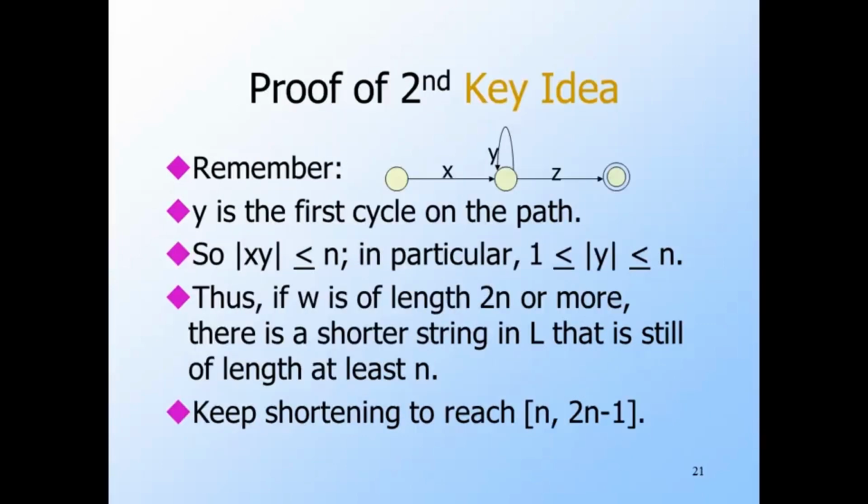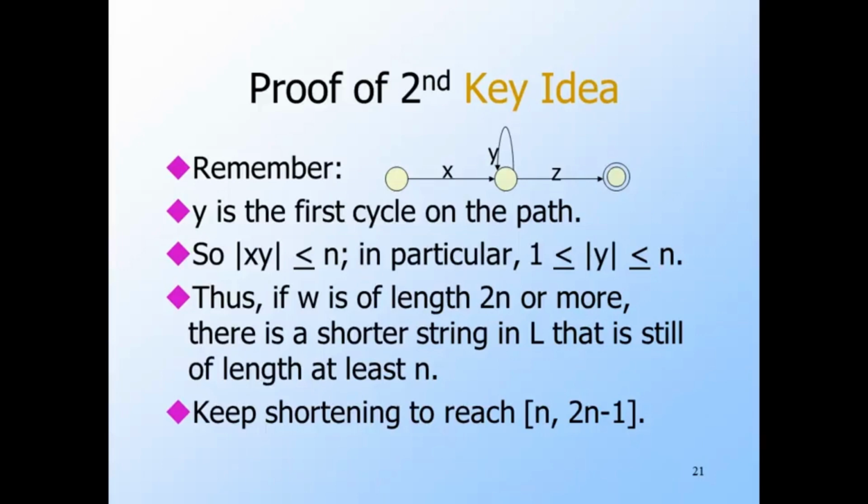Now, we picked Y to be the first cycle on the path, so the length of xy cannot be greater than n. That is, some state within the first n plus 1 states on the path surely repeats. We also know that the length of y is at least 1, so y lies between 1 and n. Then if w is the shortest accepted string of length at least n, we claim that w cannot be as long as 2n.